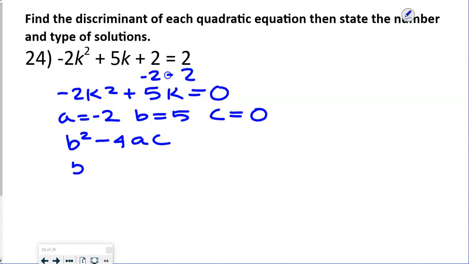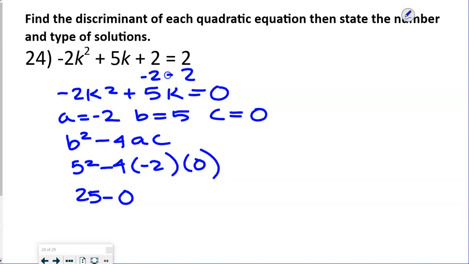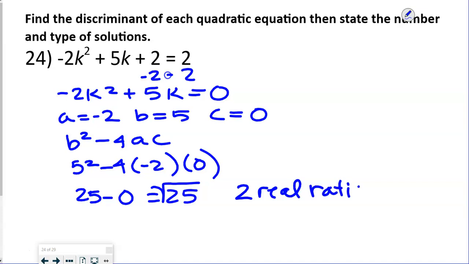So we got 5 squared minus 4 times negative 2 times 0. Well, if I'm timesing everything over there on the right by 0, then I'm going to get 25 here, right? Minus 0. So that's going to be 25. So again, if I take the square root of 25, I get 5, right? So this is going to be 2 real rational solutions, because I can take the square root of 25 and get a whole number. Okay?